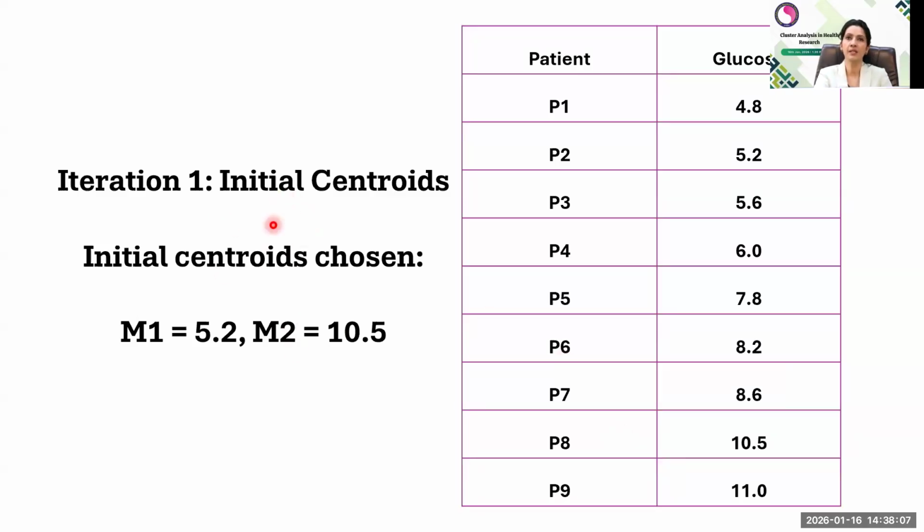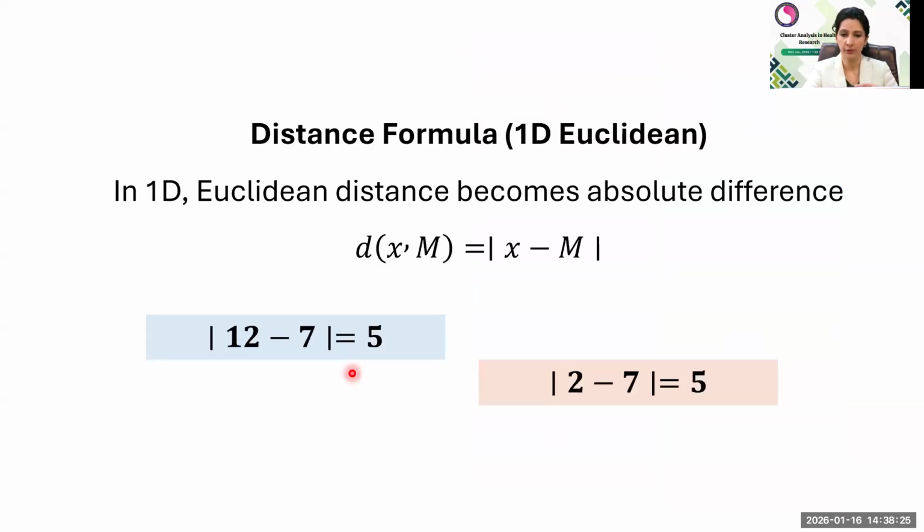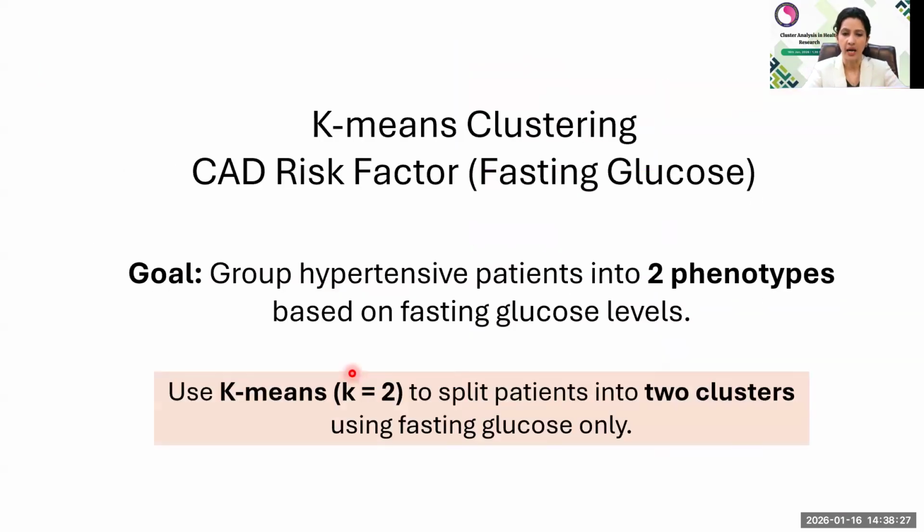In the first iteration, you have to choose the initial centroid. Initial centroid means any point you choose, and then you calculate the distance from that. Let's say the first centroid is 5.2. Why have I chosen two centroids? Because if you remember, my goal is to group the hypertensive patients into two phenotypes.